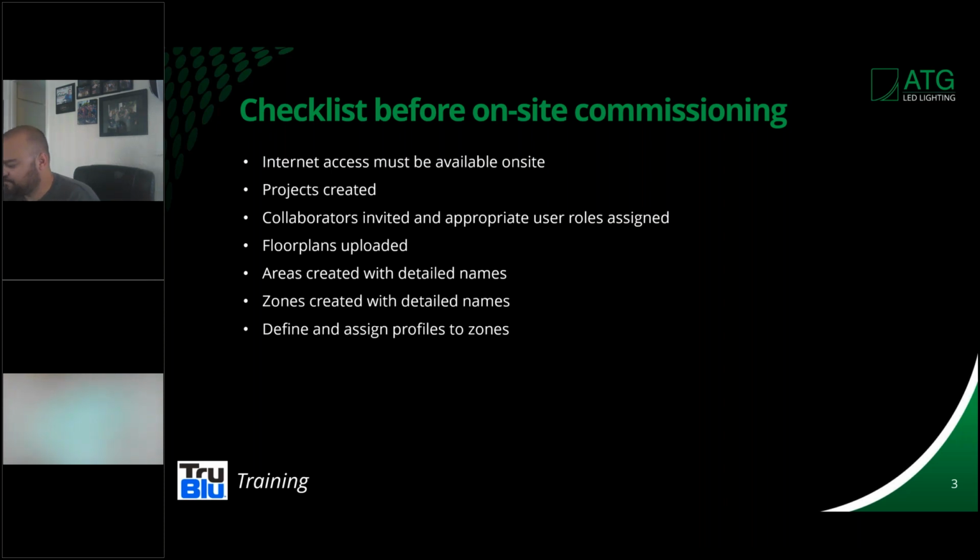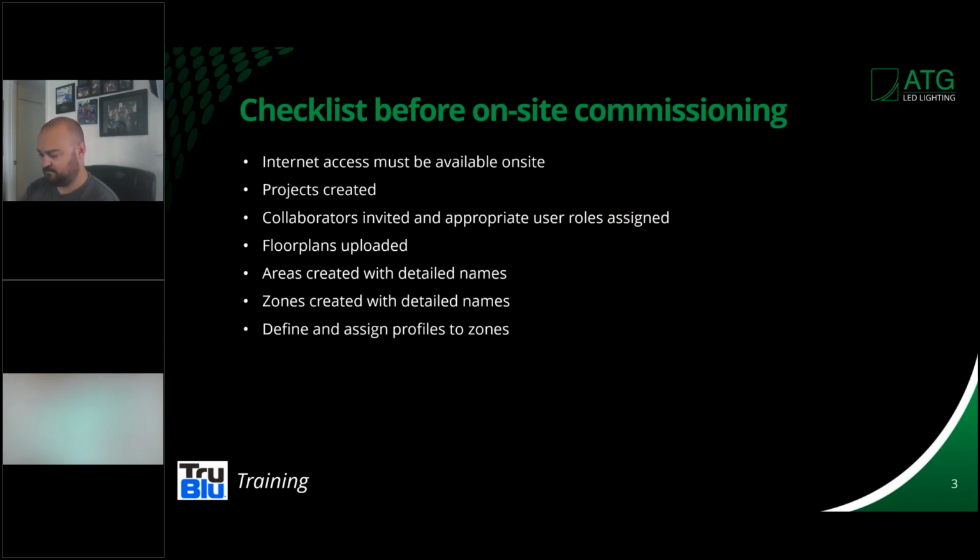You've already gone into the software on your computer and you created the project. You have invited collaborators to join in on the project. So that would be the manager or the installer. It's important, obviously, to have someone as a role of installer because they're the one that's going to be doing the commissioning.